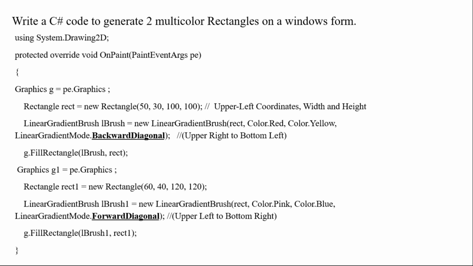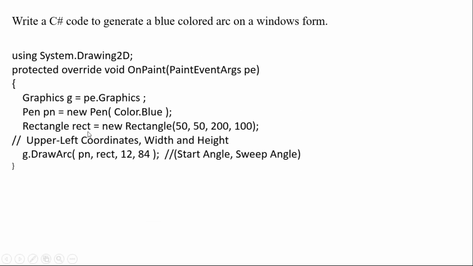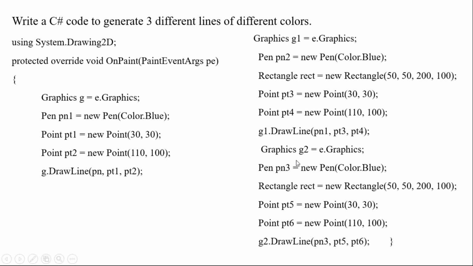Then we saw an example to create an arc. Again, draw arc is a direct method which we call using the graphics object and pass the arguments, start angle and sweep angle. Then to draw three different colored lines, we create one pen object with a color, then define 2 points, starting point and ending point, and just provide those points with the pen as arguments in the draw line function.